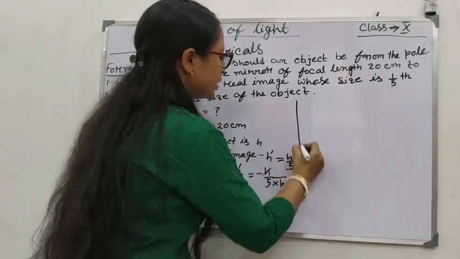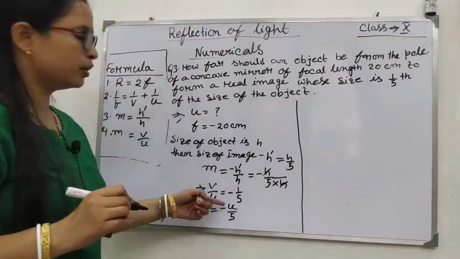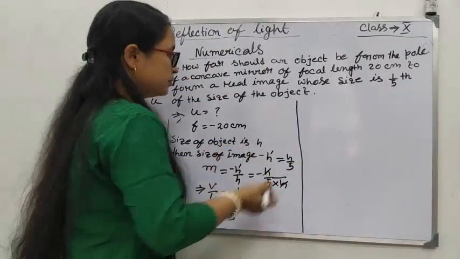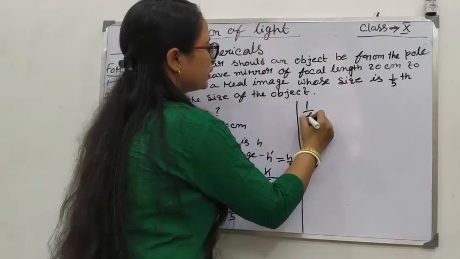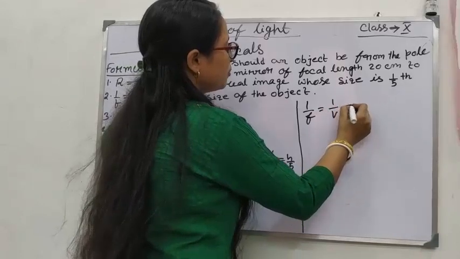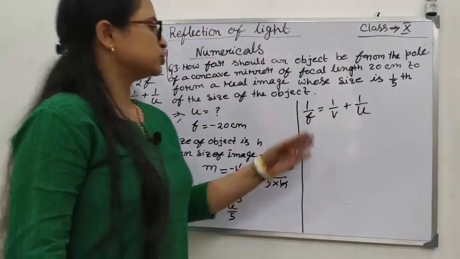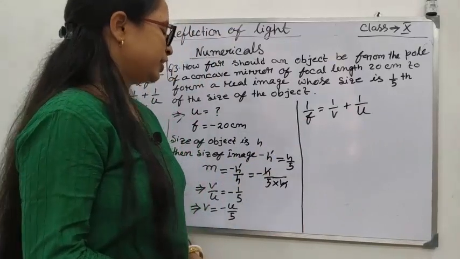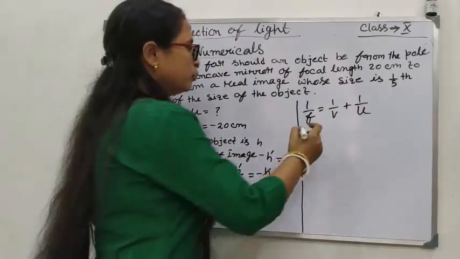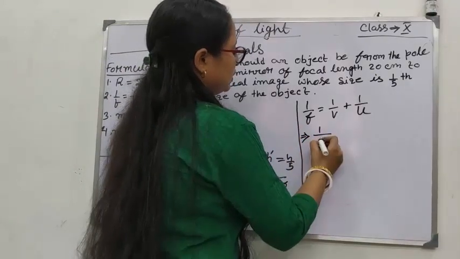Now by using the mirror formula, we can easily find the value of u. The mirror formula is 1 by f is equal to 1 by v plus 1 by u. So let us put the value of 1 by f.